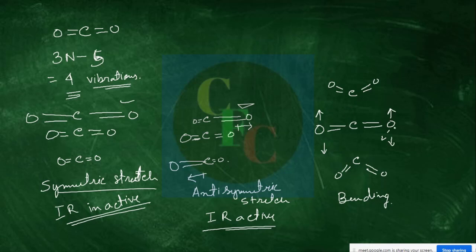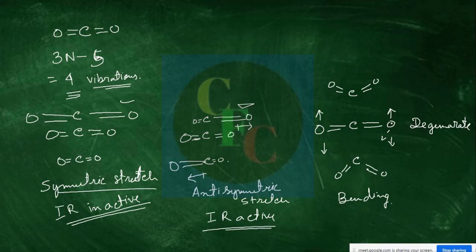But that vibration and these 2 bendings are degenerate. Why degenerate? Because they are a similar type, only the direction is different, right? But you have to consider them as different vibrations. We cannot say that they are the same motions.